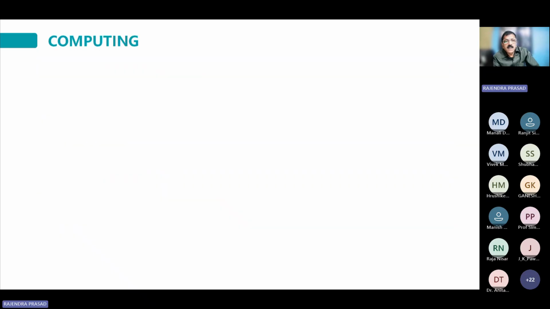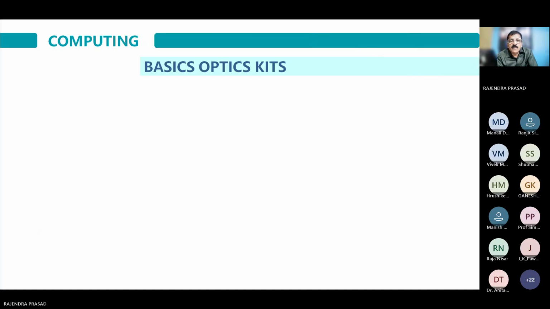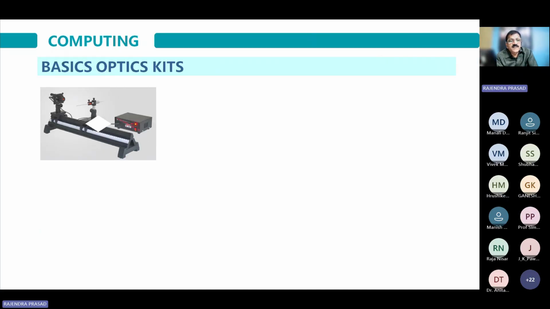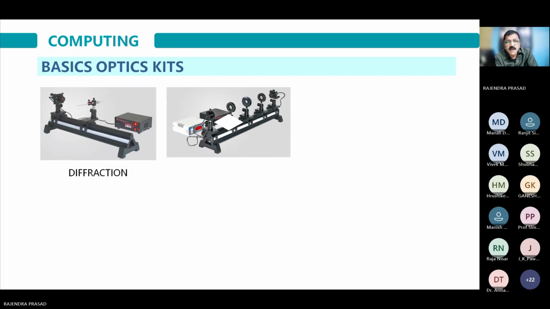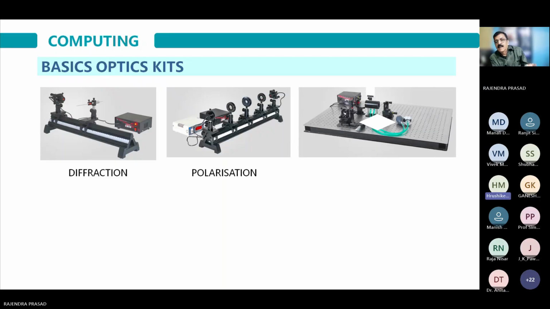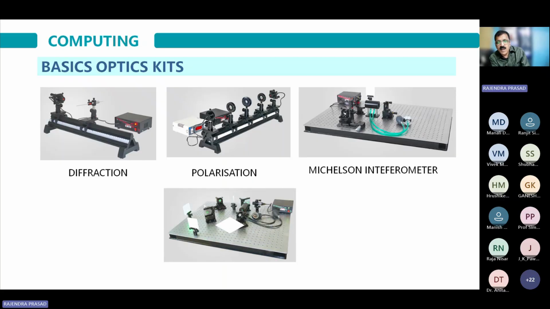For that, we have these kits: diffraction, polarization. This is a Michelson interferometer. The advanced one is a Mach-Zehnder. The difference is that Michelson has one beam splitter and Mach-Zehnder has two.